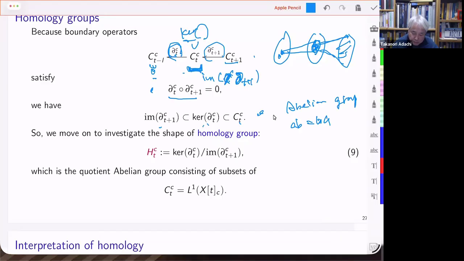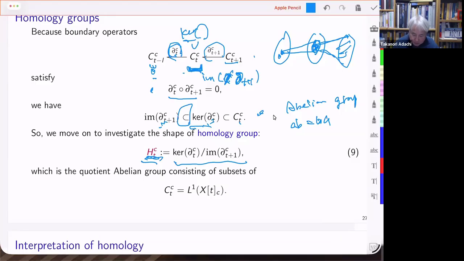So we can define these relations. Two abelian groups, where one is a subset of the other. Then in this case, we can make a quotient group. This is also an abelian group, and this is called the homology group, and it represents the difficulty of some abstract chain complex.